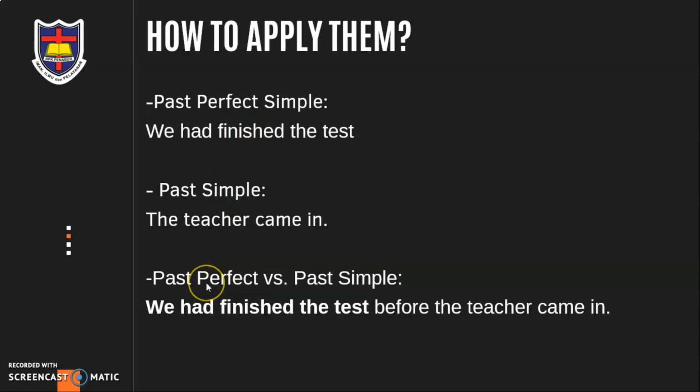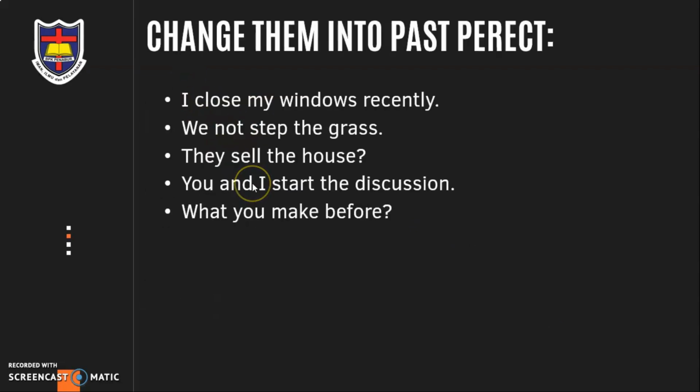And when I combine past perfect with past simple, it becomes: we had finished the task before the teacher came in. Once more, we had finished the task before the teacher came in. So I combine past perfect and past simple in one condition.